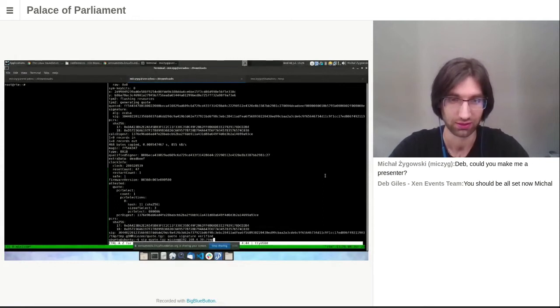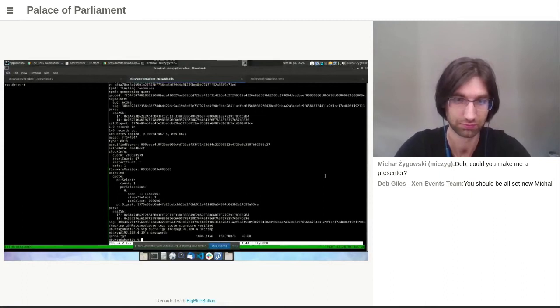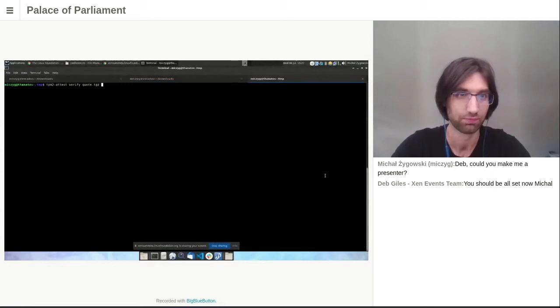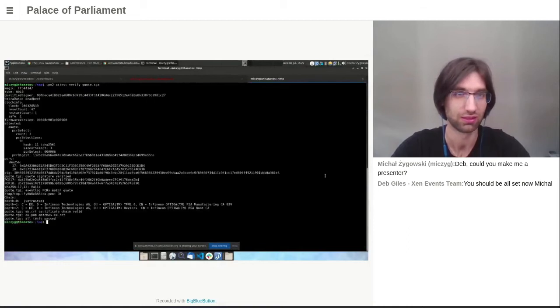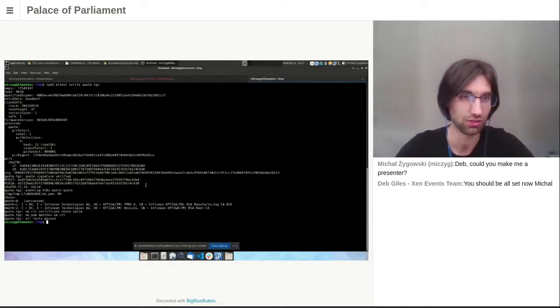Now I will send the quote to another machine, which will serve the role of the attestation server. Now I will use the verify subcommand of TPM2 attest to verify the quote. So it basically unpacks the quote and checks its signature, and verifies that the PCRs calculated from the event log and those from the quote match.